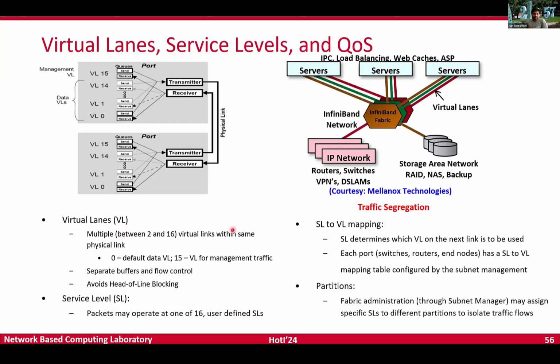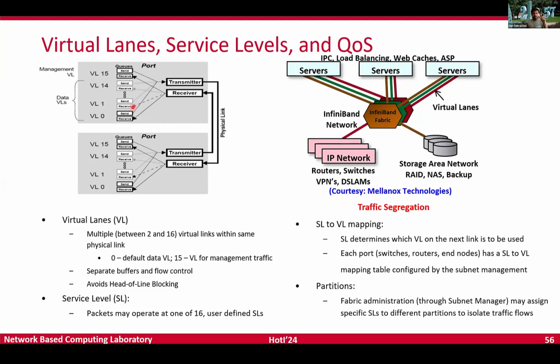Virtual lanes at the hardware level, as we saw earlier, give reserved buffering at the hardware level to send out packets, and this will avoid head-of-line blocking. At the software level, you have various service levels that the network administrator or the system administrator will set up, and these would be exposed to end users.